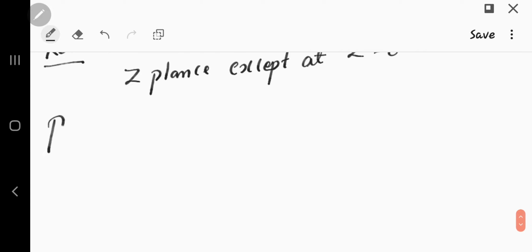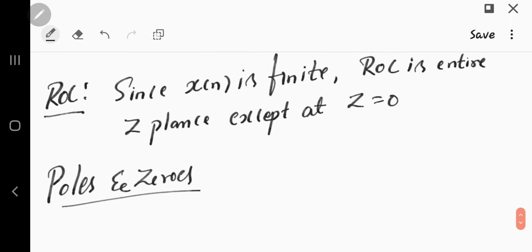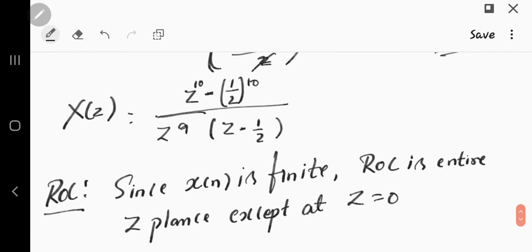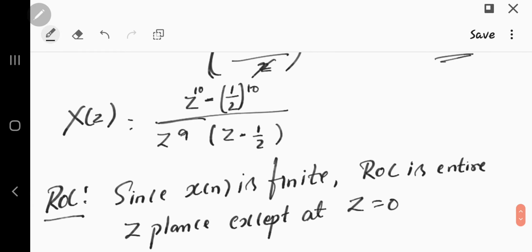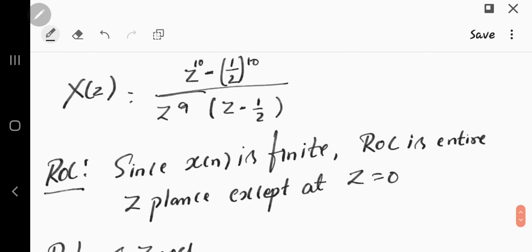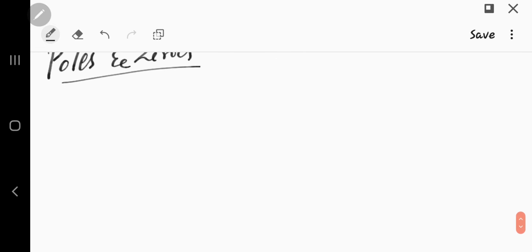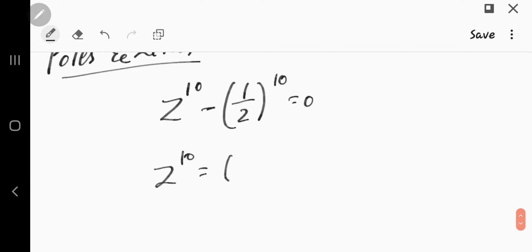Now coming to poles and zeros. The numerator says z to the power of 10 minus 1 by 2 to the power of 10. Now z to the power of 10 minus 1 by 2 to the power of 10 is equal to 0. So the meaning is z to the power of 10 is equal to 1 by 2 to the power of 10.